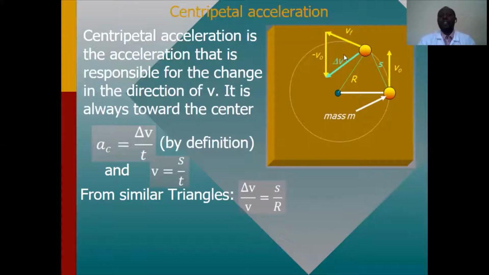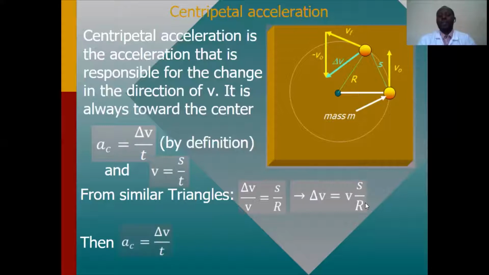Change of velocity divided by final velocity is similar to the linear position s divided by the radius r from this second triangle. From this relationship, the change of linear velocity is equivalent to the final linear velocity times the linear displacement s divided by the radius r.